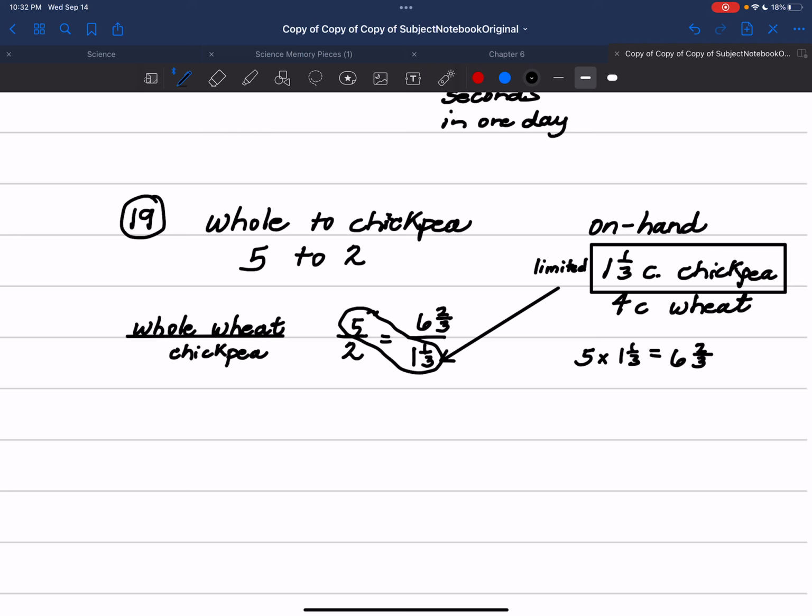The question was, if I put the 1 1/3 cups of chickpea flour in, how many cups of whole wheat flour would be left over? And I haven't finished my proportion. I hope you caught that.